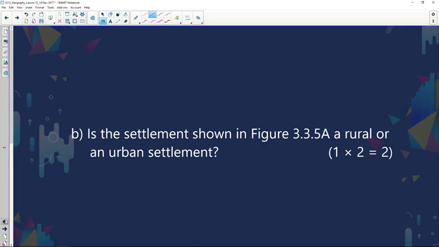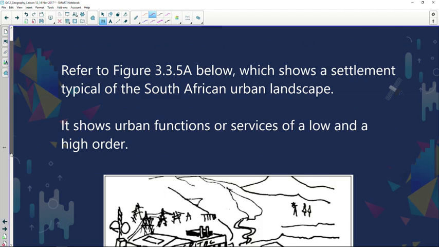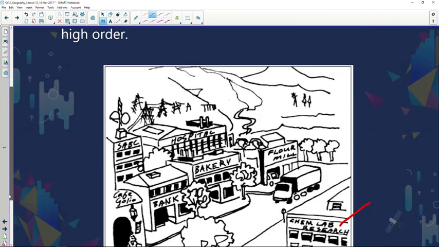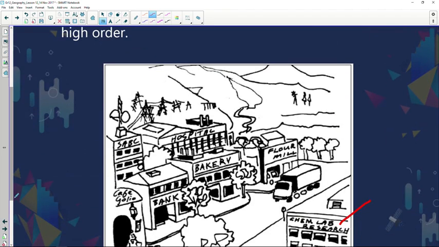Let's just quickly go back to it. Do we see any primary activities taking place in that diagram? No. But I do see secondary activities, the flour mill. I do see tertiary activities, for instance, the bakery selling their goods, the bank, and hospitals.